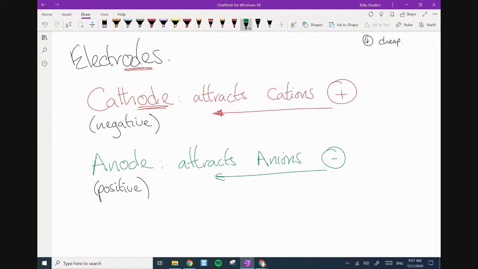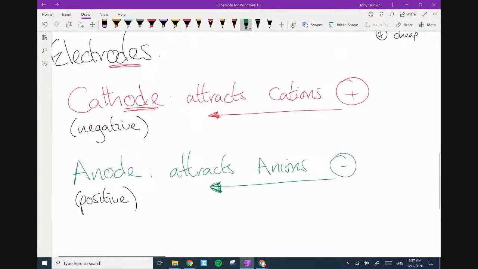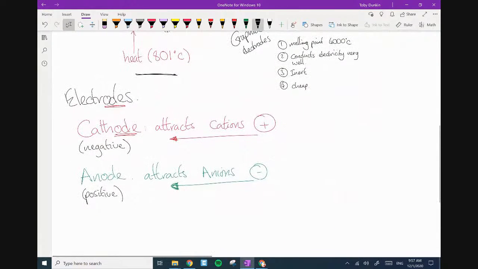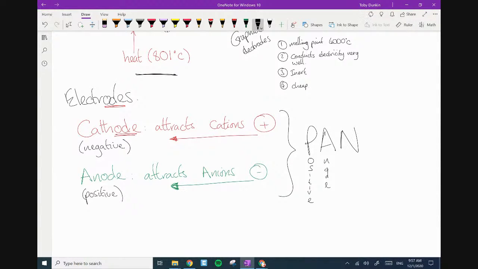There we go. So you realize where the names come from. People often go, I'm never going to remember this, and this is where panic comes in. Positive anode, negative cathode.